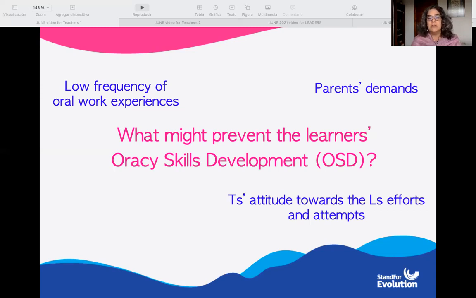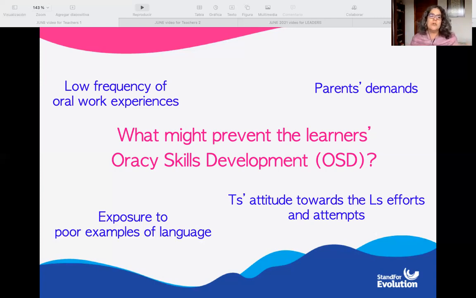The teacher's attitude towards the learner's efforts and attempts matters: how you react when they speak beautifully, how you react when they make a mistake, how you react when they are struggling to produce a sentence or a chunk of language. So try to observe your reactions and how they might be promoting the development of oracy skills, or preventing it. Another factor is exposure to poor examples of language.